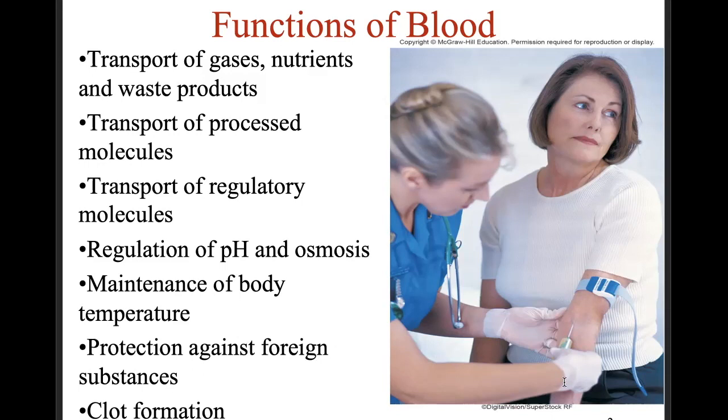Remember, I think we touched this in the previous system, if I'm not mistaken, the skeletal system, or muscular, like when we are injured or have a wound. The blood will do the clotting mechanism so that it will prevent excessive blood loss. So these are the major functions of the blood in our body.